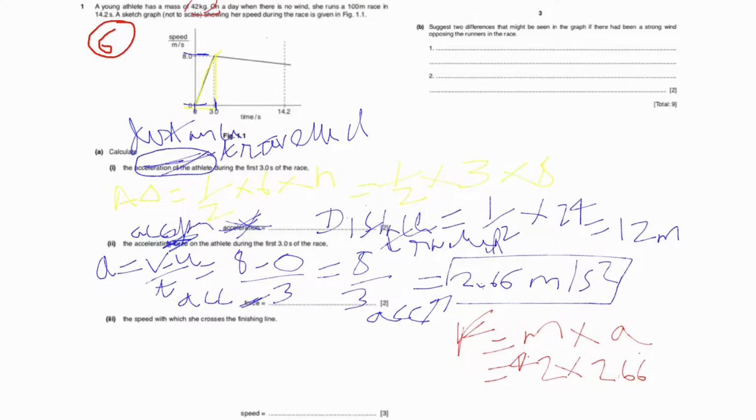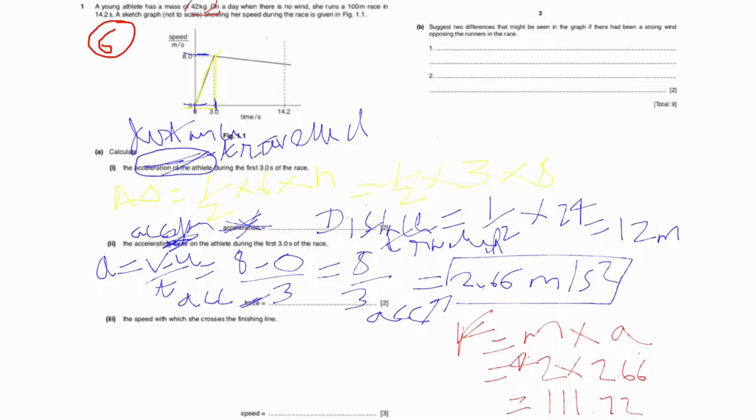So we will multiply these values and we will get the answer. So it is coming 111.72 newtons. So here they have asked the speed at which he crosses the line.